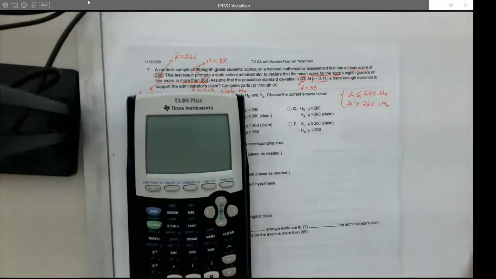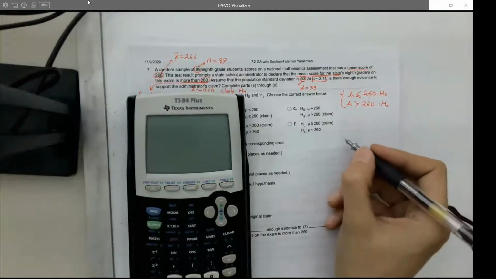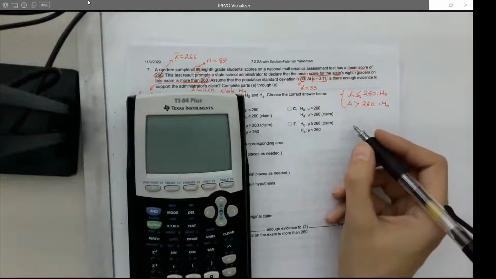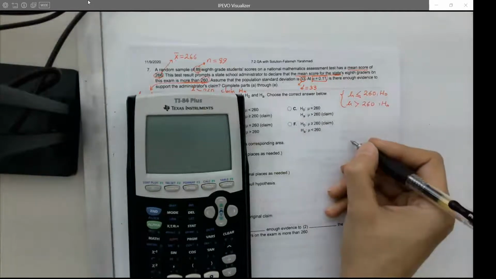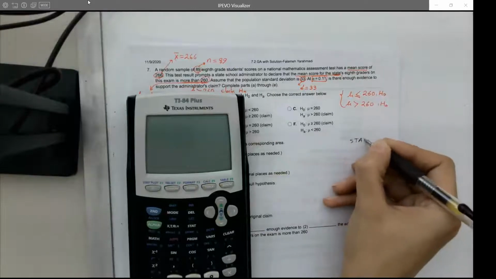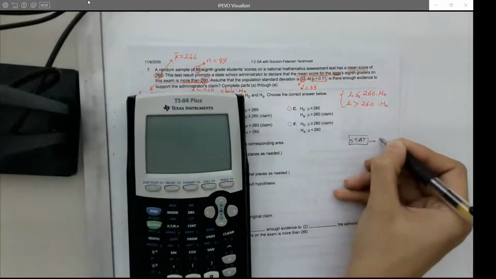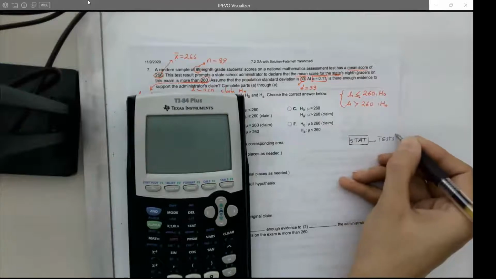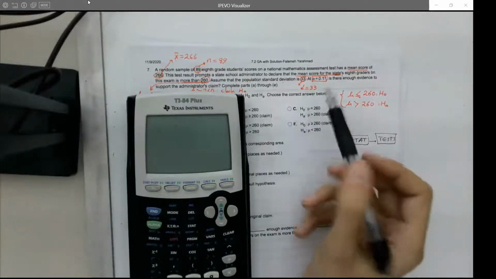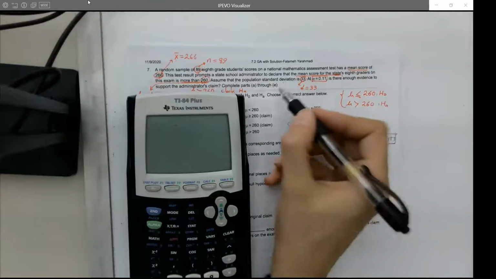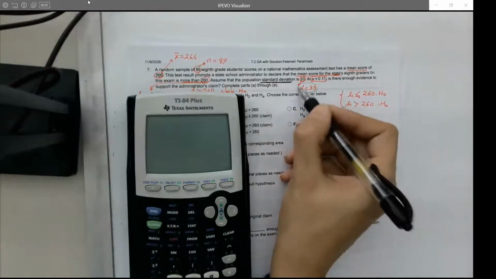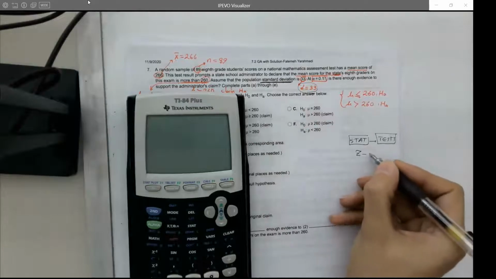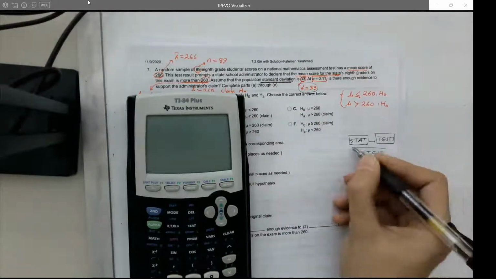Let me put the calculator here and write it down for you. So for hypothesis testing for the mean, we go to stat, we go to tests. Since sigma, the standard deviation of the population, is given to us, sigma 33, we use the z-test.